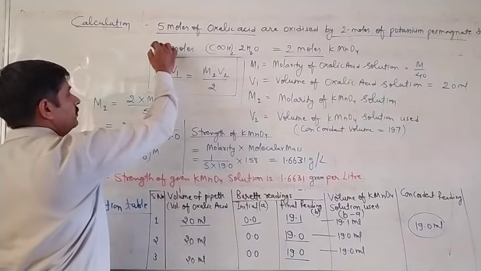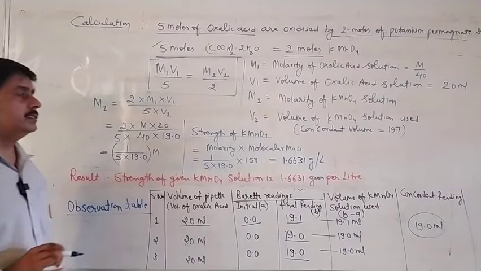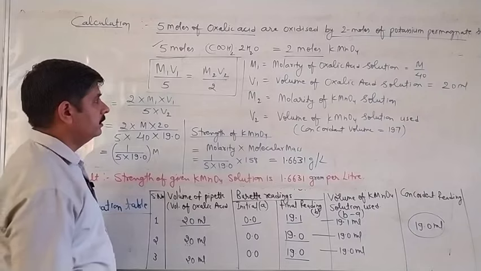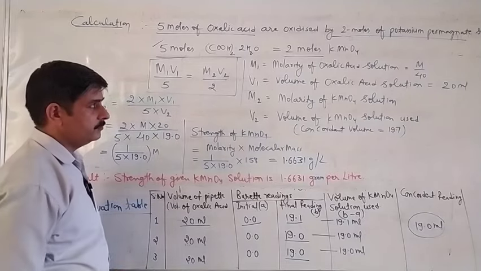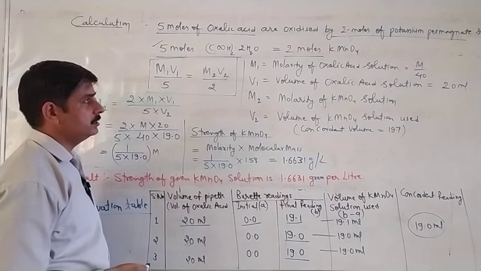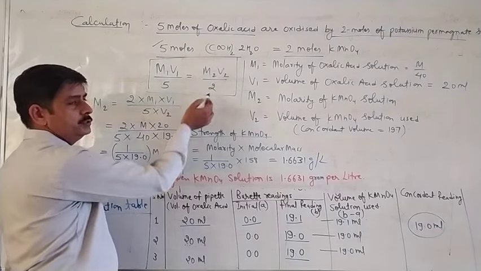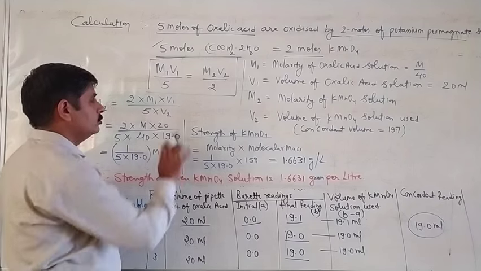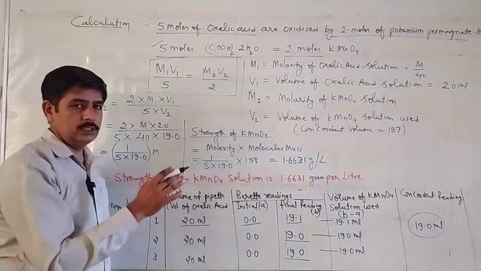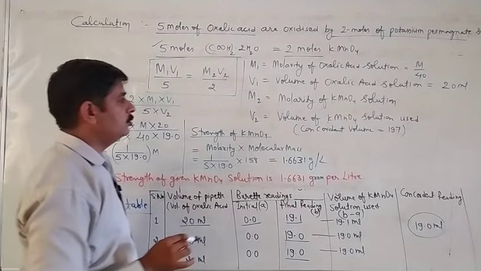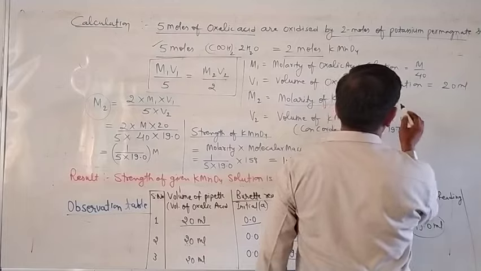As 5 moles of oxalic acid are used, its stoichiometric coefficient will be used in the denominator. Similarly, 2 moles of KMnO4 are used, so its stoichiometric coefficient will be used like this. Using this formula, we can calculate M2, the molarity of the KMnO4 solution.